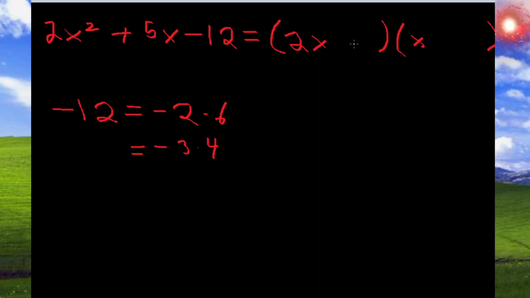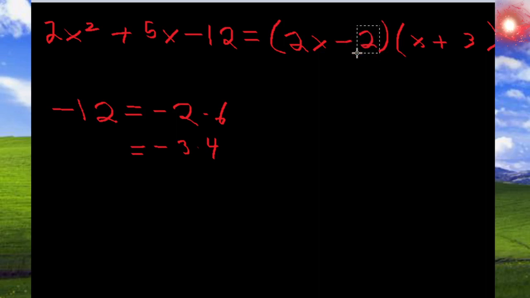So it's actually 2x minus 2 times x plus 3. So we do 2x times x, we get x squared. 2x times 3 is 6x, minus 2 is 4x. Okay, that's not right.